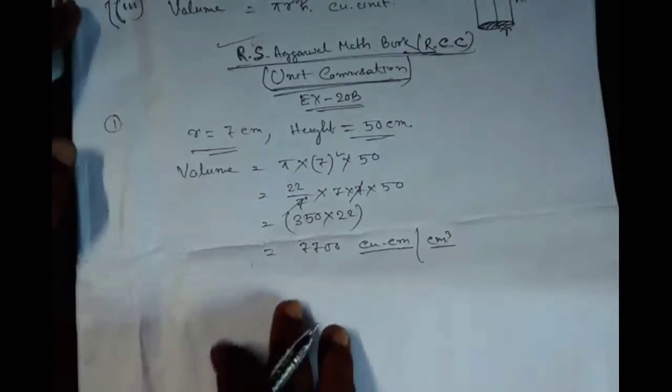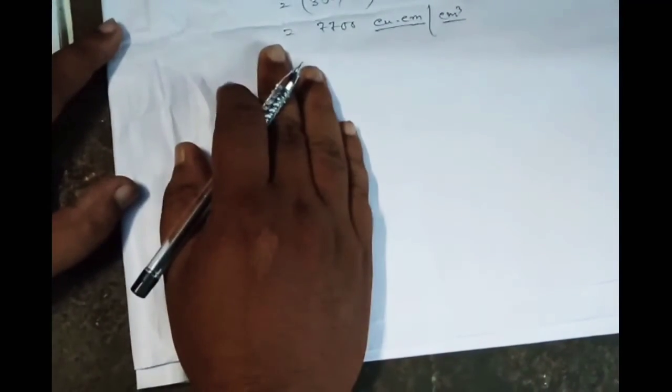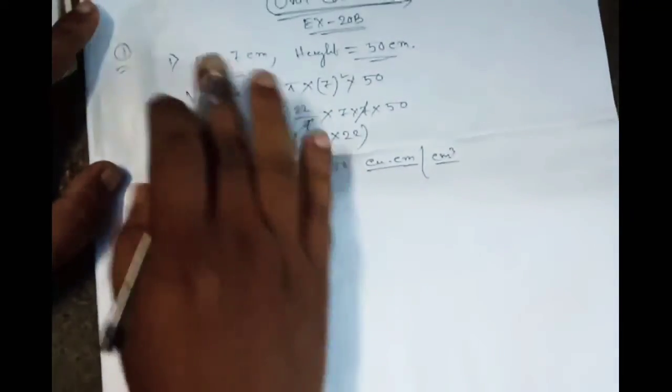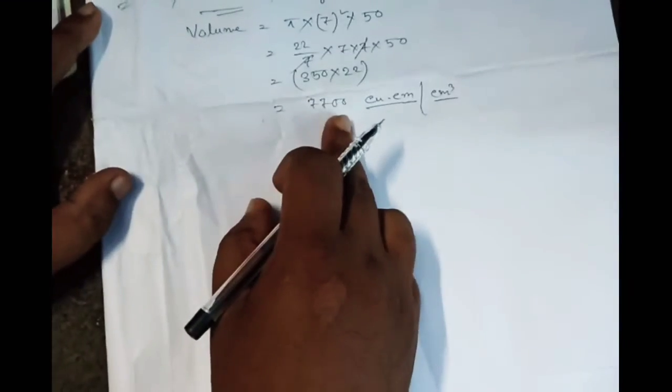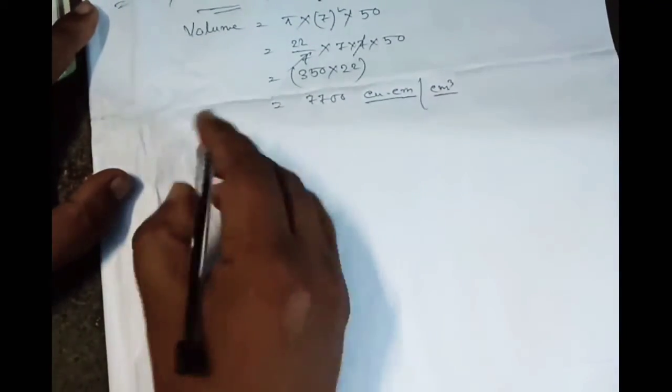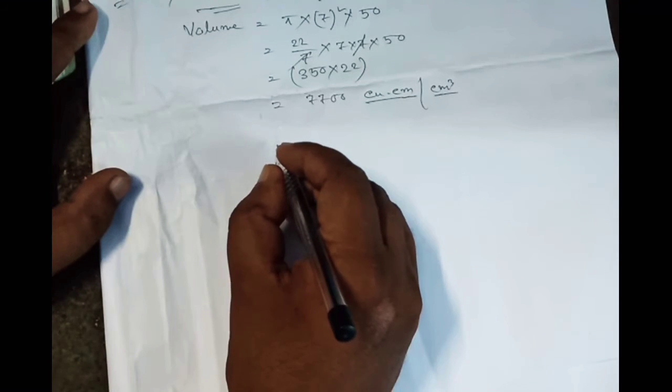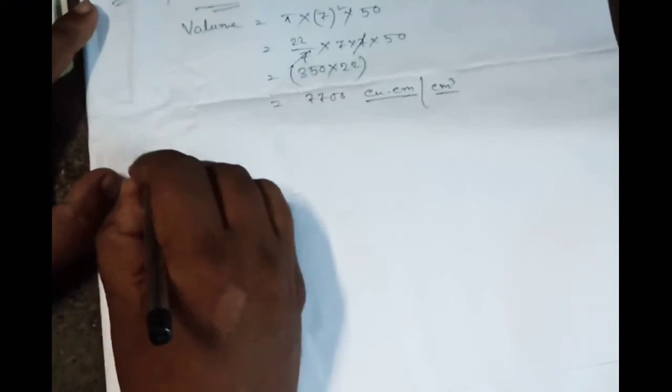So this is the volume. Next, for question number 1 Roman 1, all the questions are the same, only the figures are different. Now here is question number 2. Next, moving to question number 3.